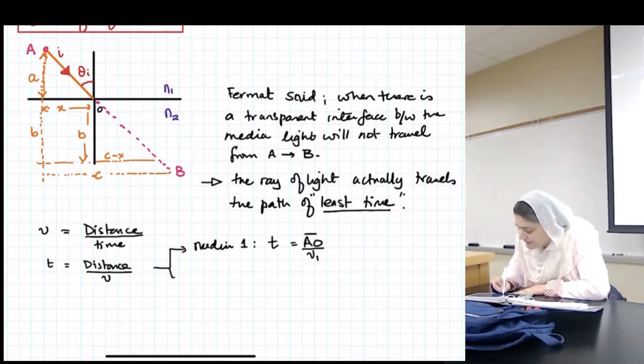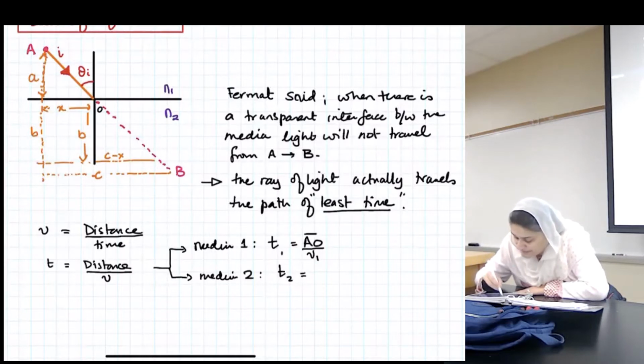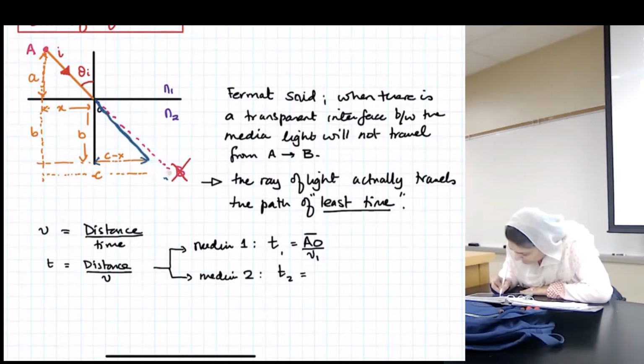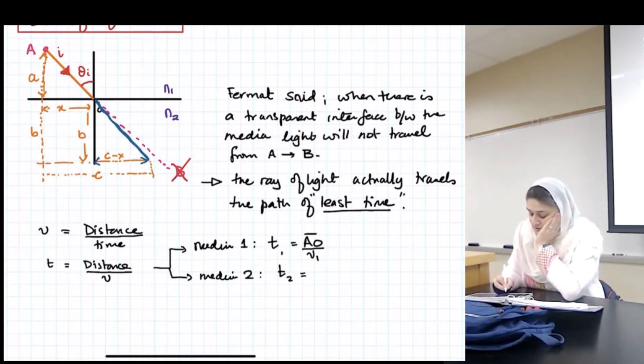And can I call this in medium 2 the time, I'll call it T2, the time it takes to go, let's suppose that this can't go to B, right? So this certainly cannot be true, but it has to do something else. So say like, let's say that this goes kind of close, but not that close. It goes here. This is my C minus X, and this is my transmitted angle, theta T, I'll call it T for now.